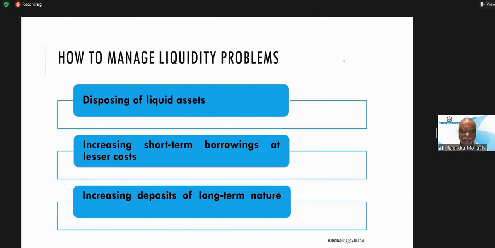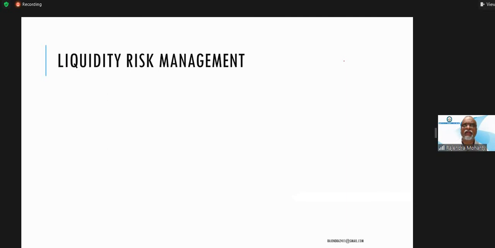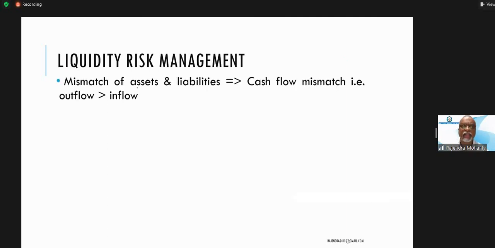Whenever such things are not available, we call it liquidity risk. And that liquidity risk has to be managed. So how is liquidity risk management done? Whenever there is a fund mismatch, a mismatch of the asset and liability, it is a liquidity risk.